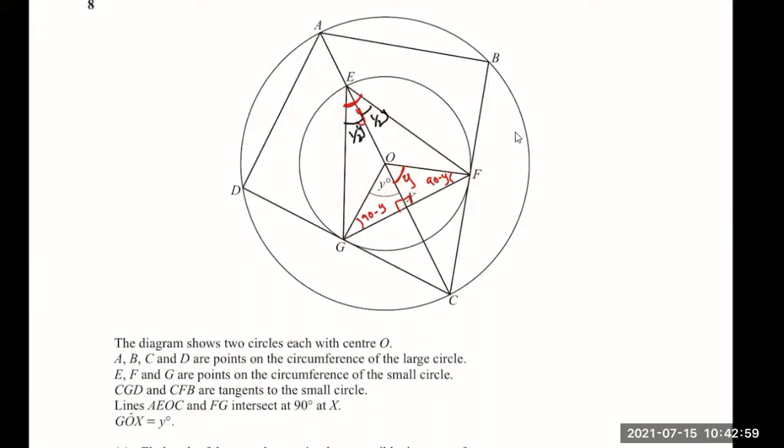Then I see that there are tangents and radius. Tangents and radius must be meeting at 90 degrees. The entire thing is 90 degrees. This is also 90, this is also 90.